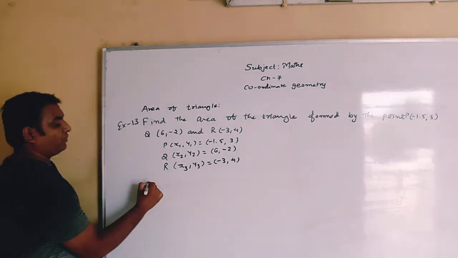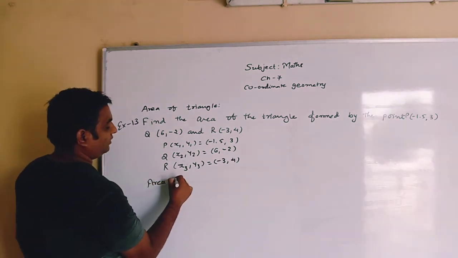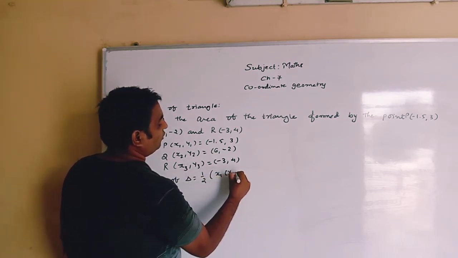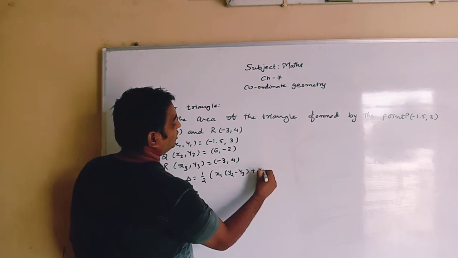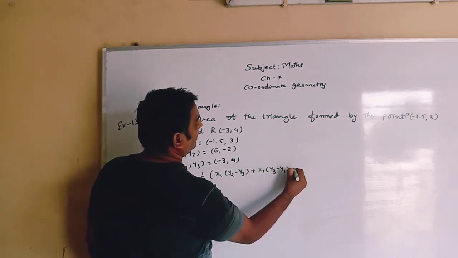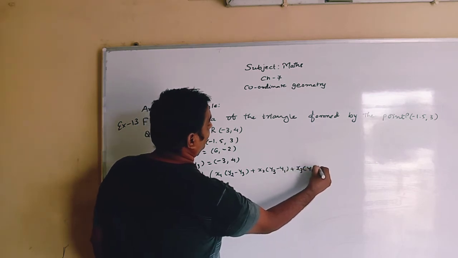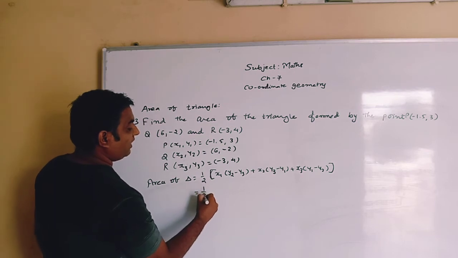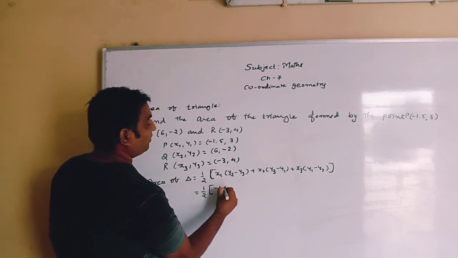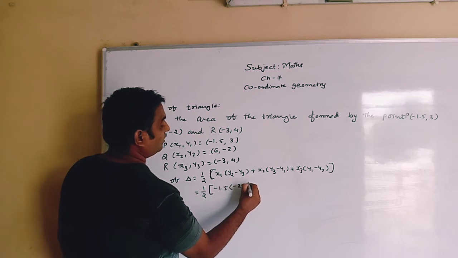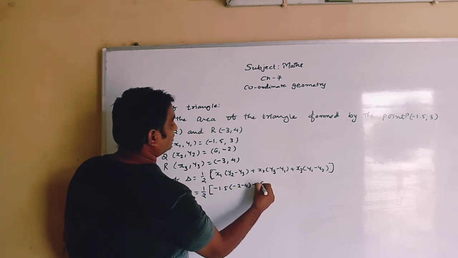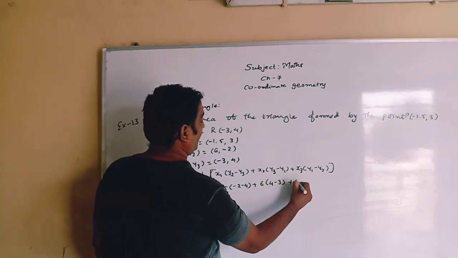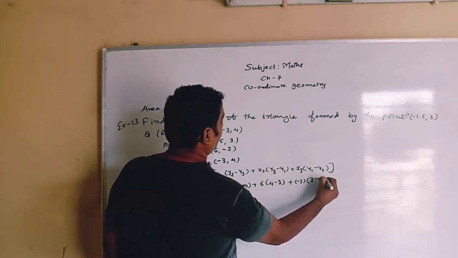And so the area of the triangle formula we write: 1 by 2 [x1(y2 − y3) plus x2(y3 − y1) plus x3(y1 − y2)]. So we substitute the values: 1 by 2 [−1.5 into (−2 − 4) plus 6 into (4 − 3) plus (−3) into (3 − (−2))].